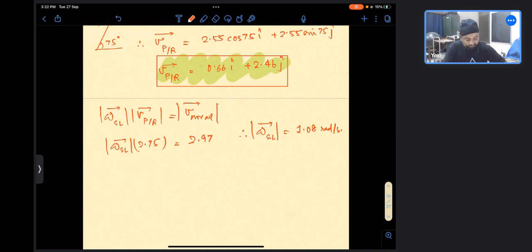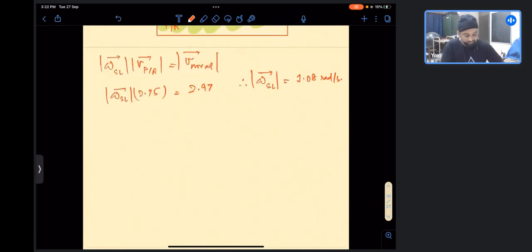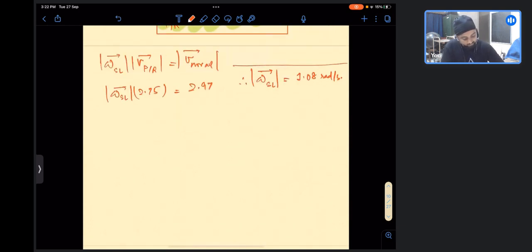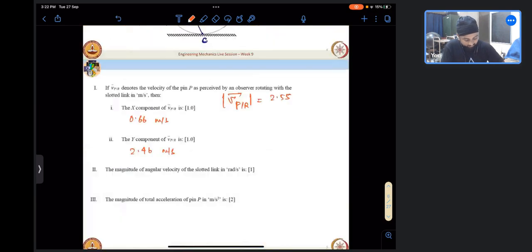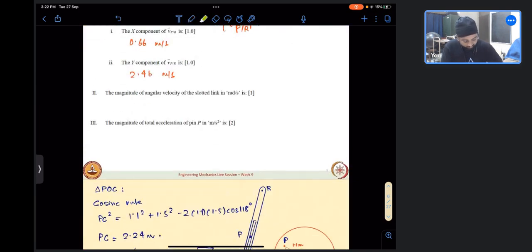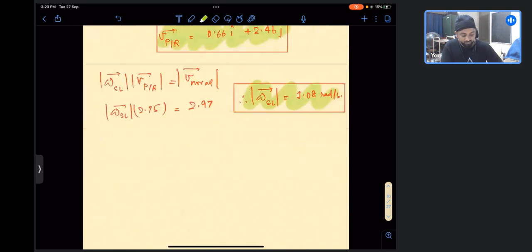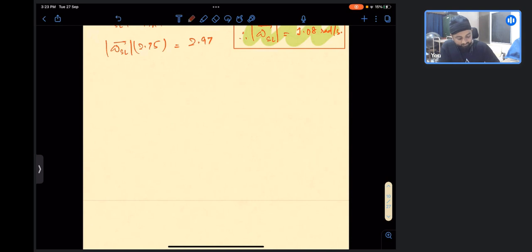Okay, next. So this also we have got. Next, we have to calculate the magnitude of acceleration of P. Invariably we have to do this by vector analysis only, so let us do that.